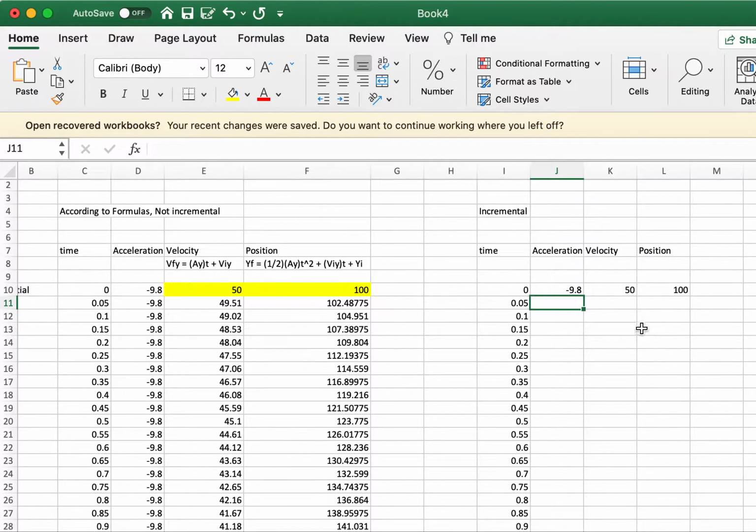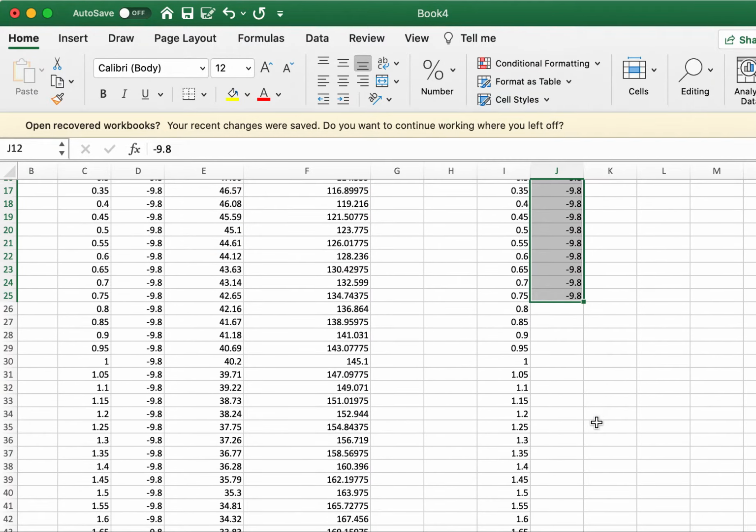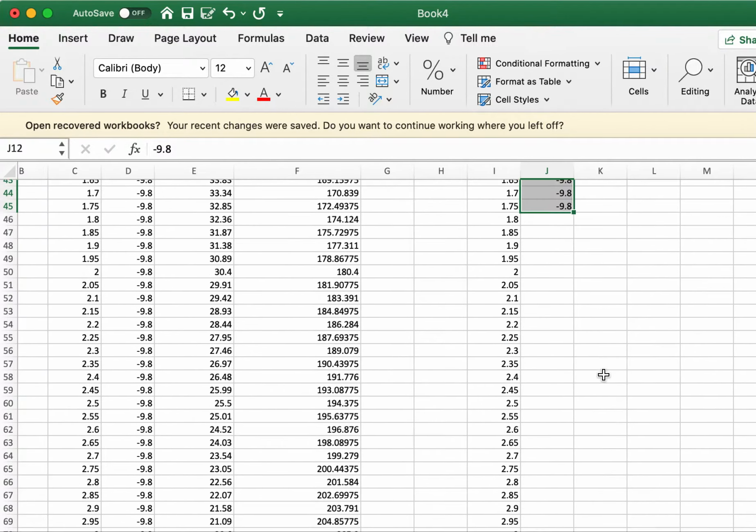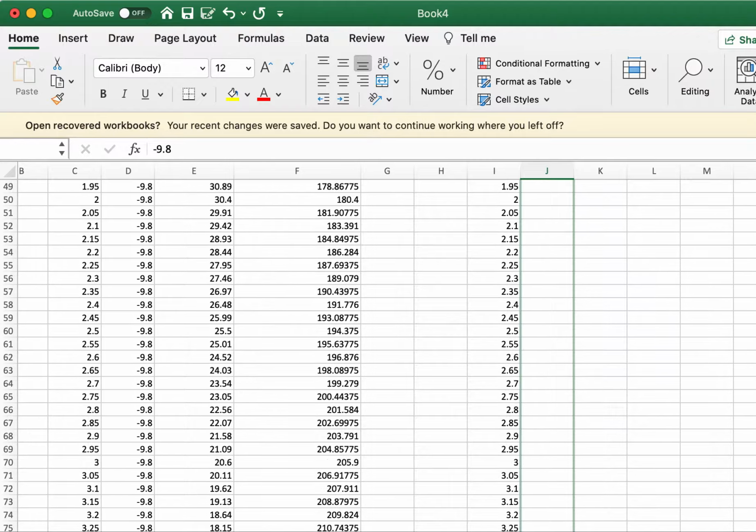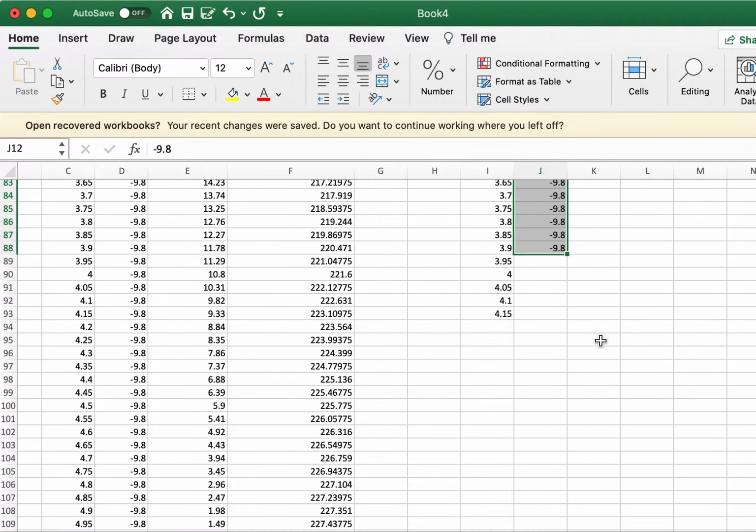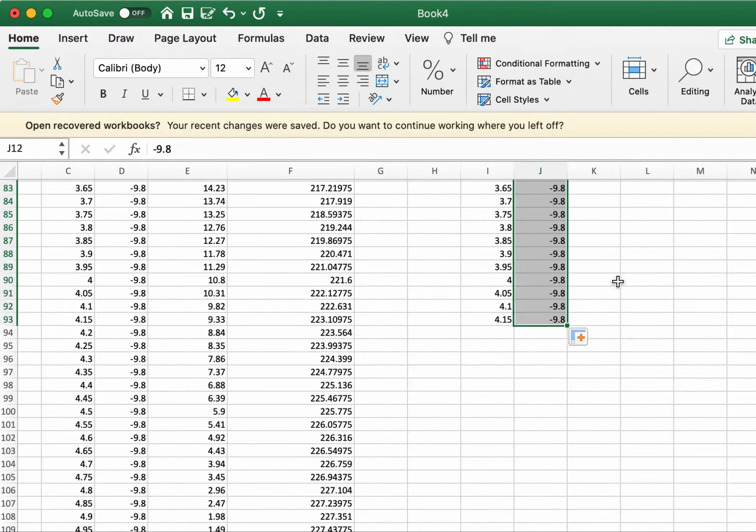All right, so what do I mean by that? Well, the acceleration here is still going to stay 9.8. So we can actually just copy that down. We won't mess with this time. Looks like I better go farther with this.